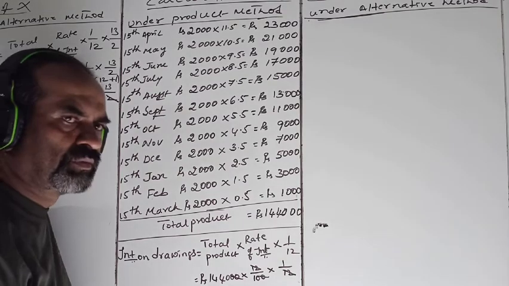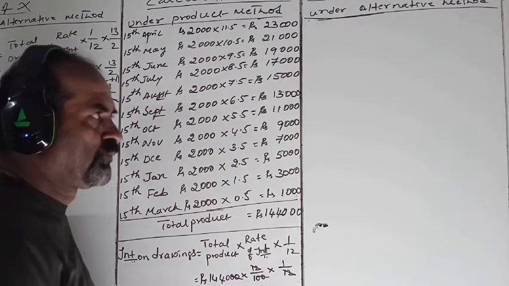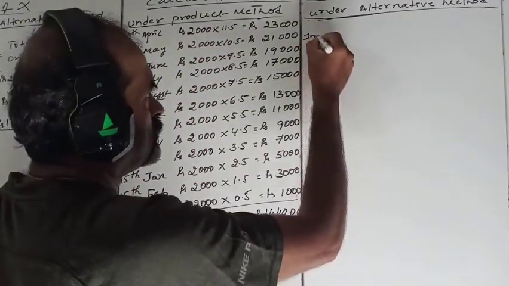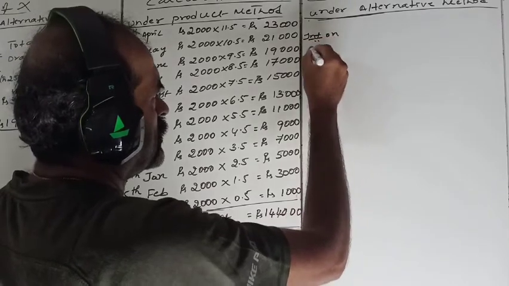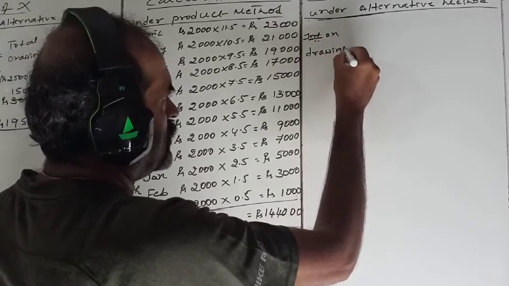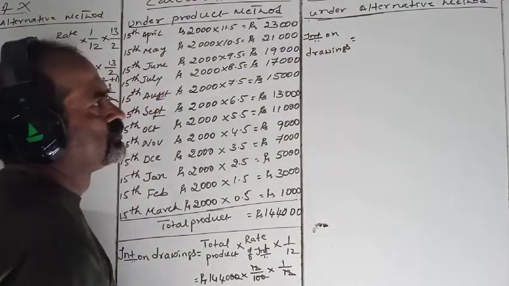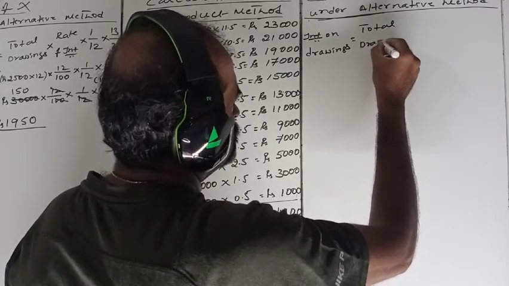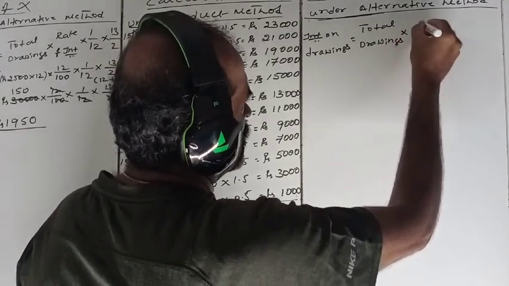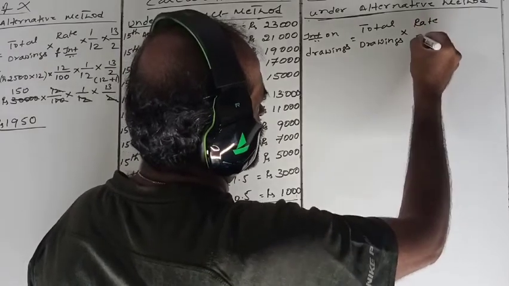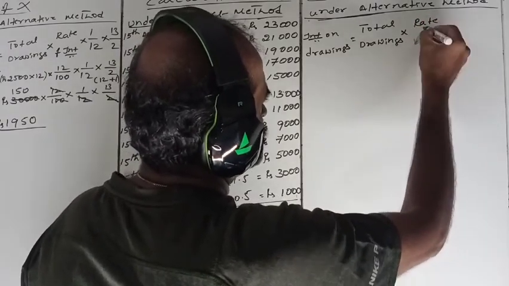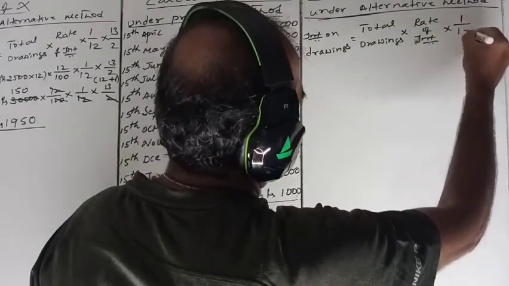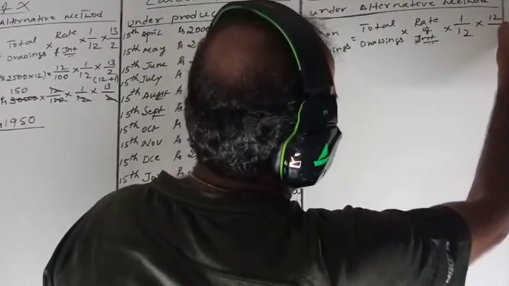Anybody have a doubt? Okay. Under the alternative method, interest on drawing equal to total drawings into rate of interest into 1 by 12 into 12 by 2.